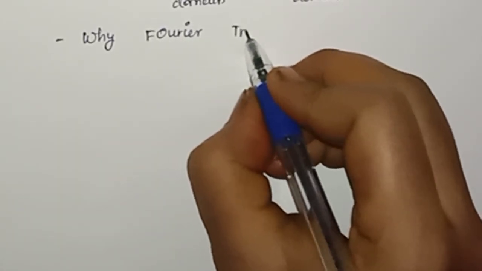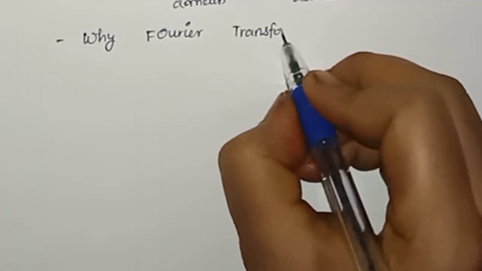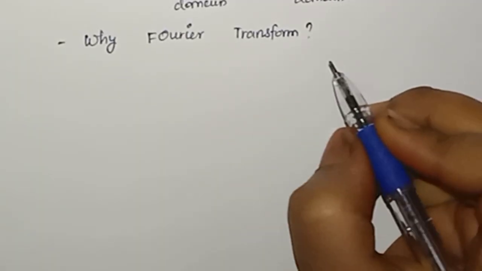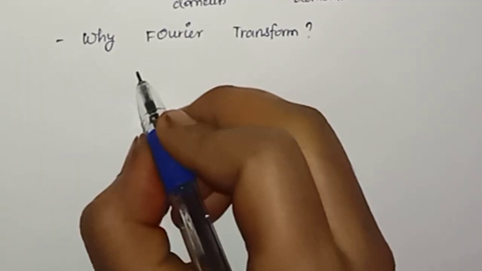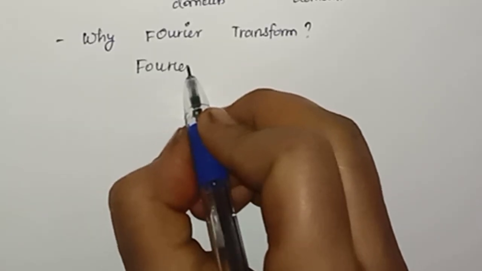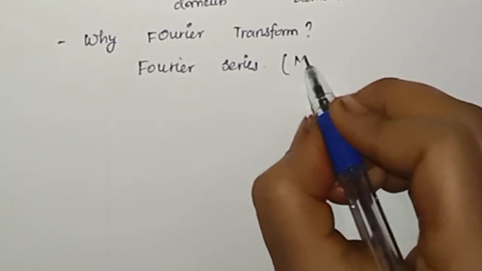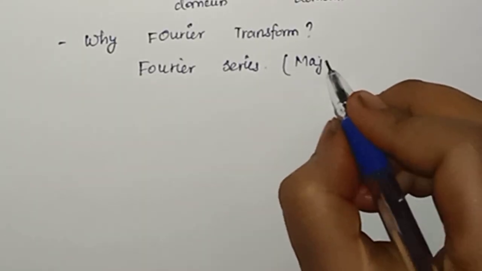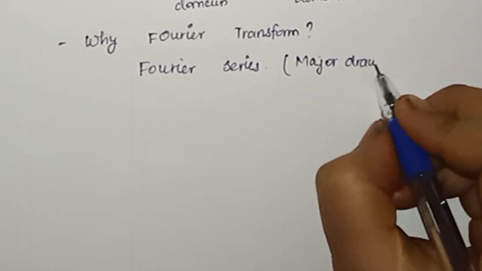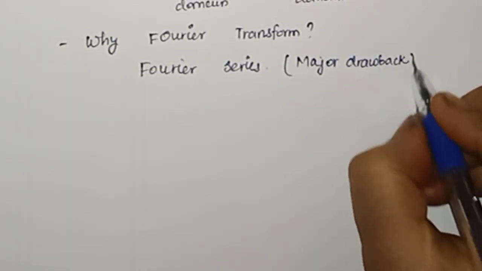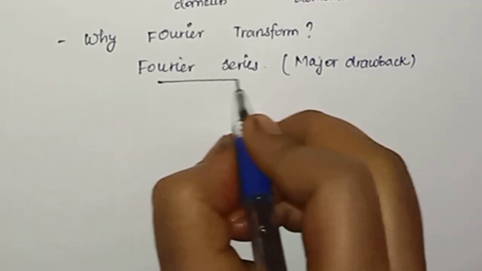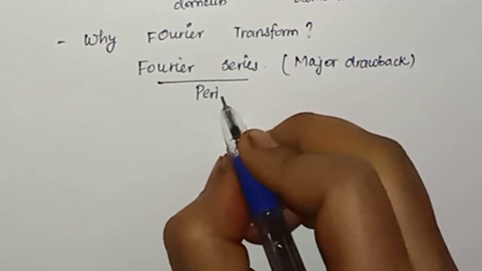Next we move to why Fourier transform. We all know before Fourier transform, Fourier series is used. Here, the Fourier series has major drawbacks. All signals may not be periodic, but the Fourier series is only used for periodic signals.